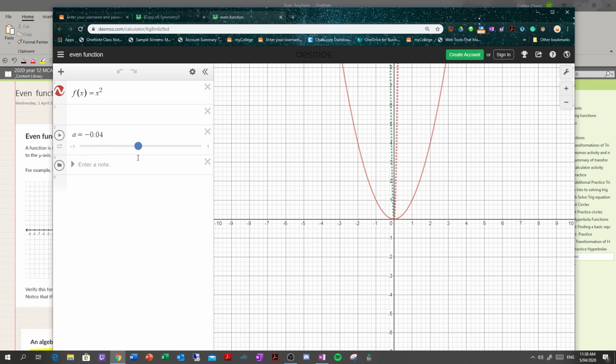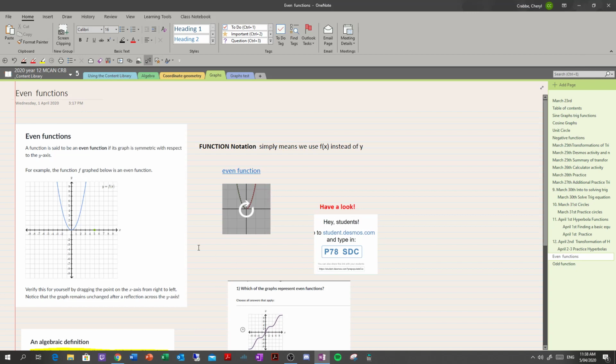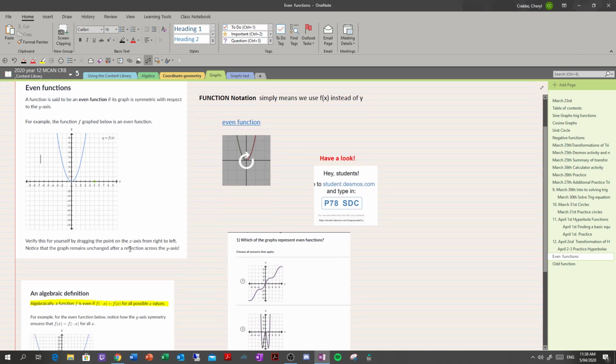We already know this, but this is a fairly straightforward example. See how it just flips around and maps back onto itself? Yeah? So that's what we call, it reflects around the y-axis. That's reflective symmetry, and the y-axis is the mirror, the line of symmetry. So any graph that does that is going to be an even function.